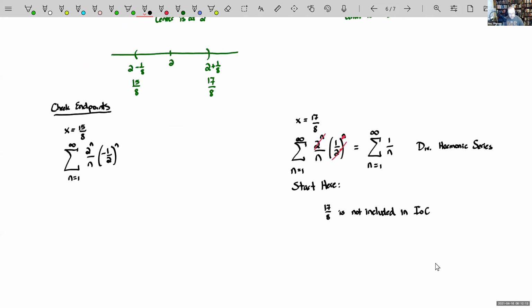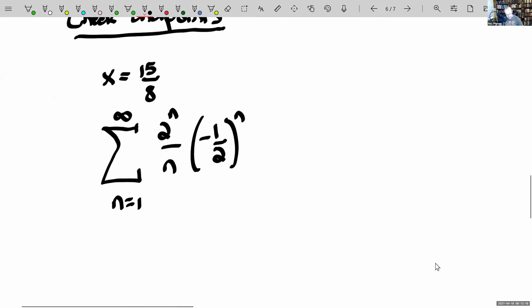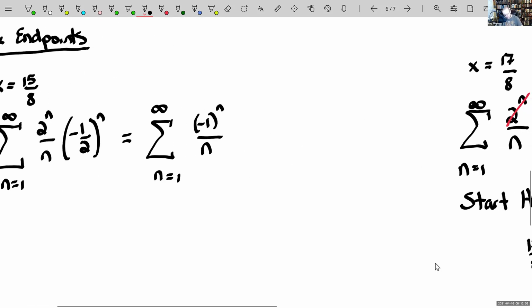Now we have to check the other endpoint, because divergence at one end does not imply divergence at the other, unfortunately. And luckily, this does clean up. This is summation n equals 1 to infinity. The 2 to the nth cancel, but you still have a negative 1 to the nth. And that is the alternating harmonic series, and we know that converges. There's no real work there.